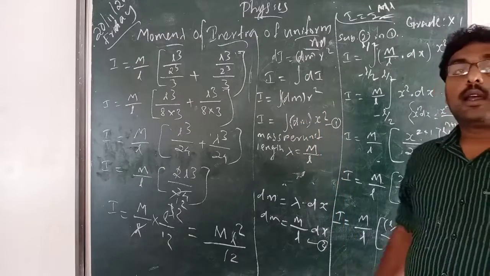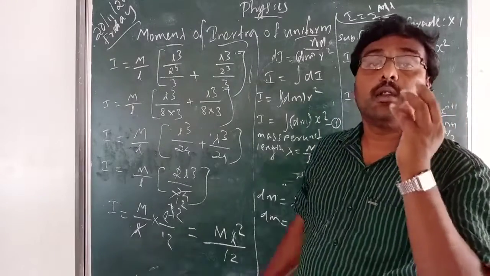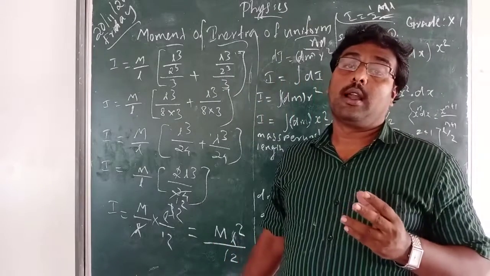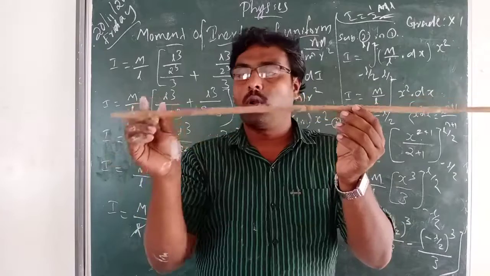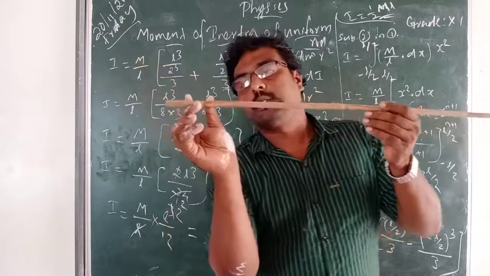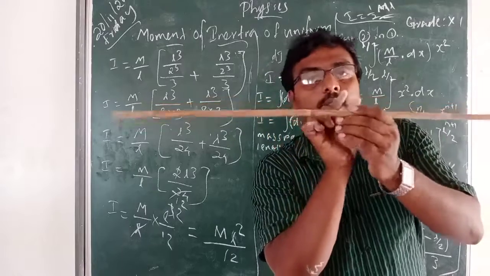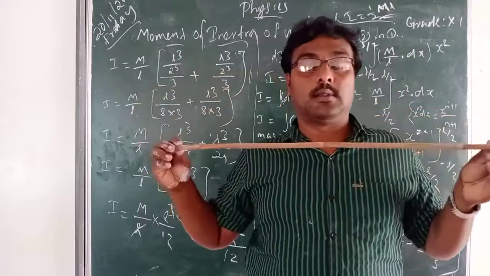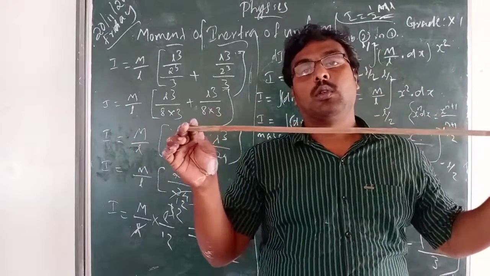Now we are finding the dm. dm means infinitesimal mass, a very small mass we are choosing, with mass per unit length. This whole rod, we take one mass, then another mass, then another, for the whole length from minus L by 2 to plus L by 2.